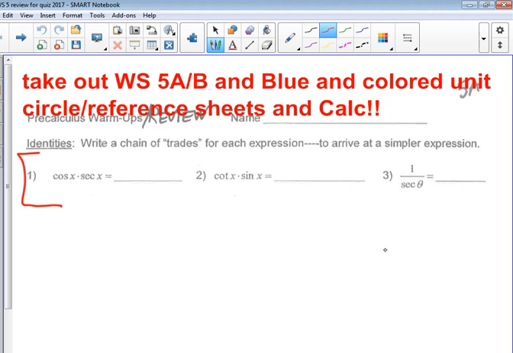Worksheet 5. The old stuff. It isn't? Okay, guys. What's going on here? Cosine times.